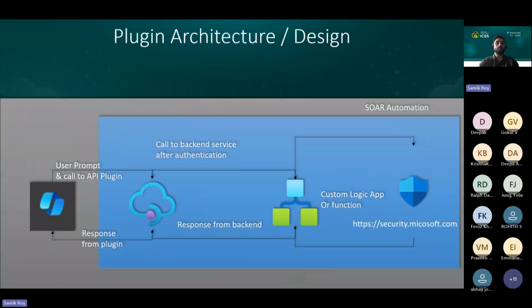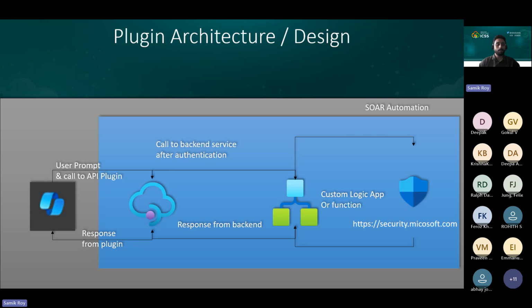Now, let's keep it really, really simple, and then we'll quickly jump onto the architecture. I've depicted a very simple image, and I'm going to talk through what exactly this looks like. As you've seen, for any Copilot the fundamental input is the prompt, right? Similarly here, once we have Security Copilot enabled, we should be able to write a prompt.